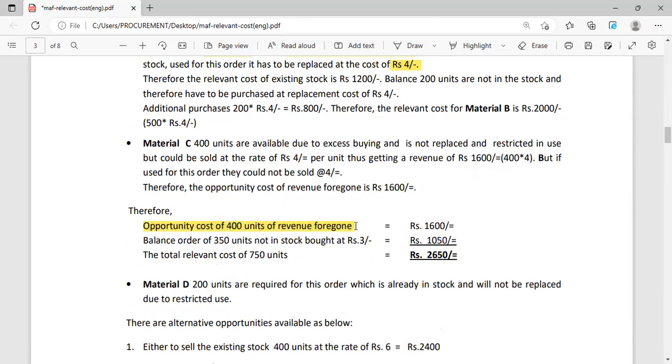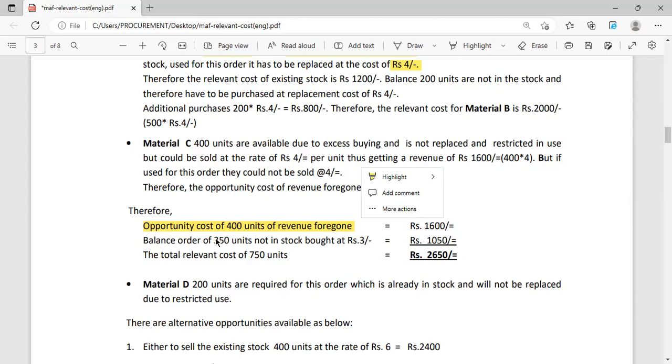Option one is either they use it for the project they want to do, or they can sell it at half value. Because they are using it for the project, they will be missing this particular figure as opportunity cost. And opportunity cost is a relevant cost based on our earlier discussion.